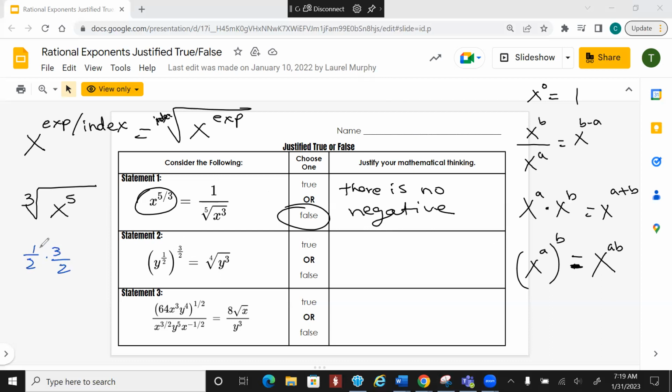So that's going to give me 3/4. So now we have y raised to the 3/4. We're going to do the same thing that we did on the last one. We're going to put y to the 3rd power, and we're taking the 4th root of it. Is that the same thing that they have over here? Yeah.